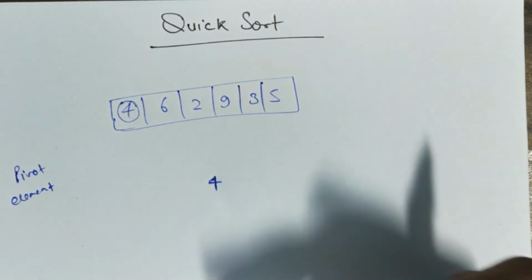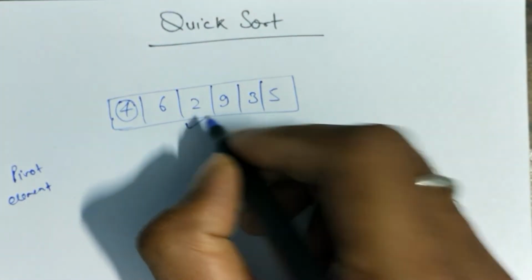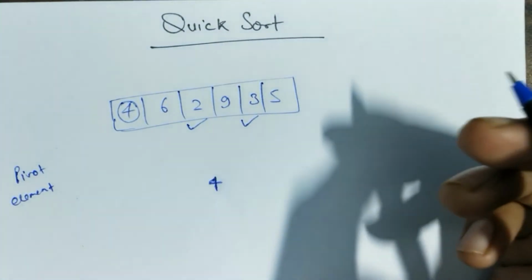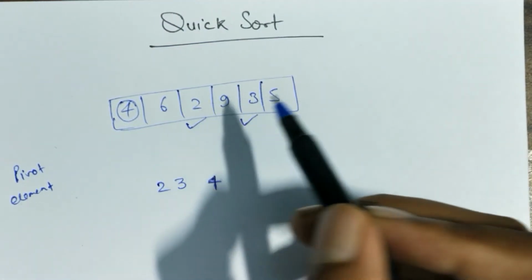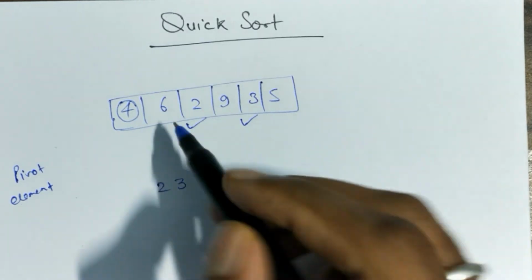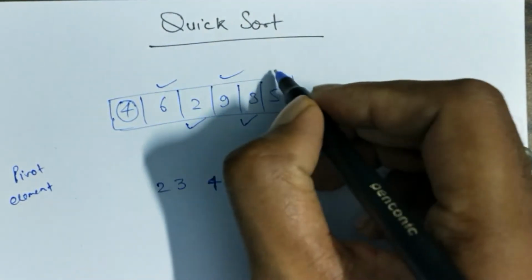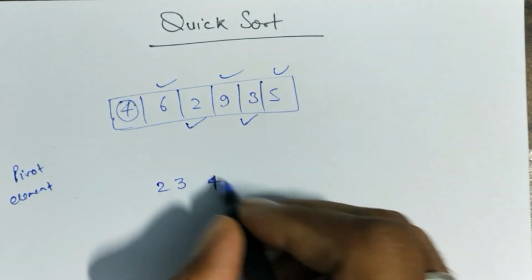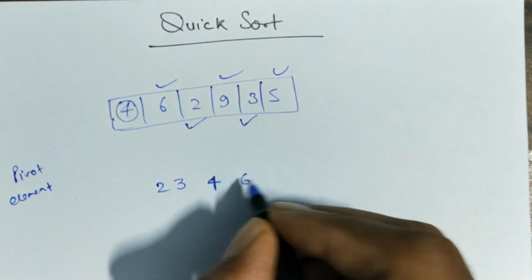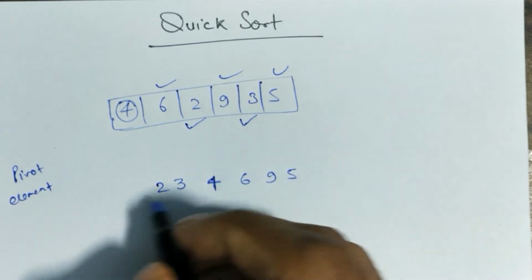So here 2 is smaller than 4 and 3 is smaller than 4. So we will write them in the same order as they are in the given array, and 6, 9, 5 are larger than 4. So we will write after 4: 6, 9, 5.